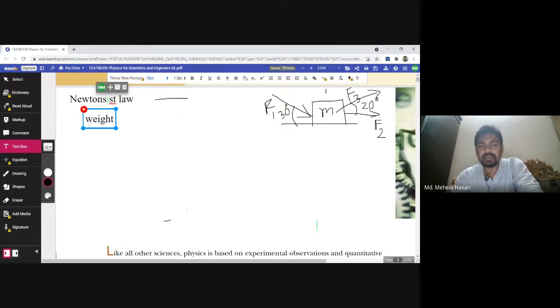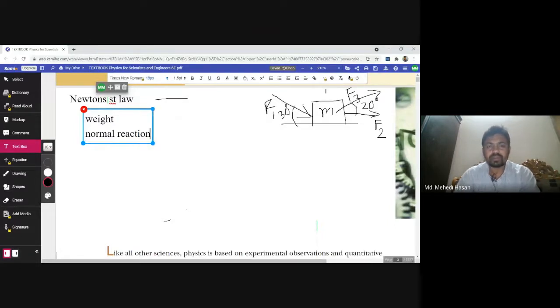Then the second one will be the normal reaction force. Then the third one is tension.